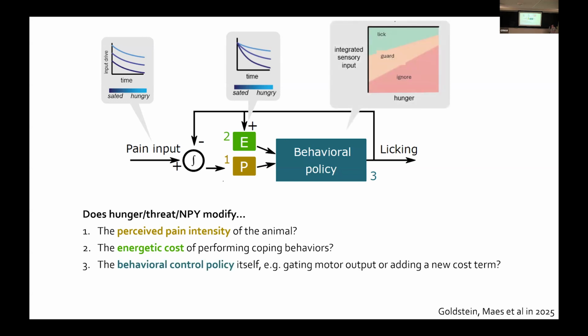Or maybe you have some behavioral control policy that doesn't just take in pain and respond to it, but takes in some linear or nonlinear combination of your pain signals and your hunger state, and adds those two together and weighs them off against each other to make a decision. So could we add gating of motor output, or add a term in our cost function that scales pain and effort depending on hunger state?